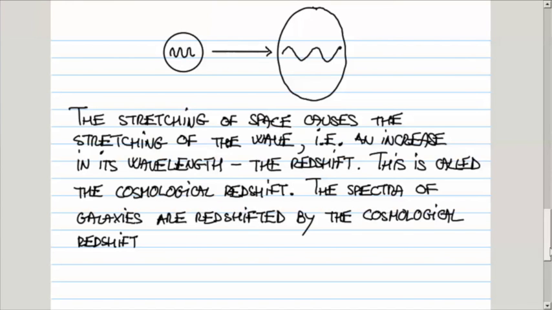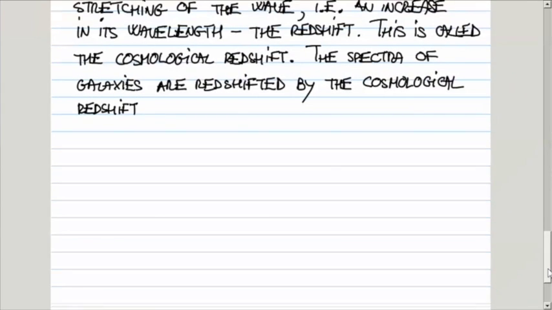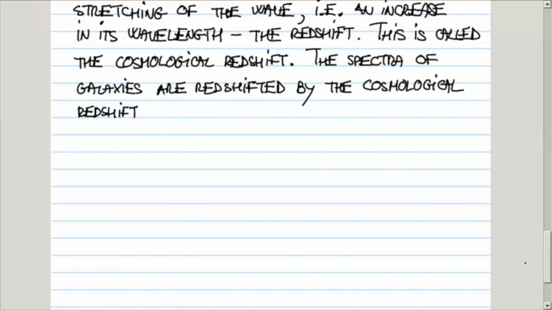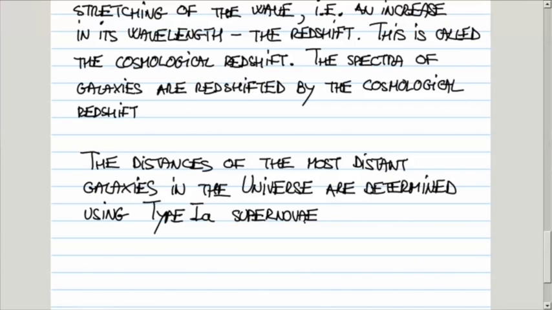Yet another method to determine the distance of galaxies, in fact, it is used to determine the distances of the most distant galaxies, is based on type 1A supernovae. First of all, they are very bright.